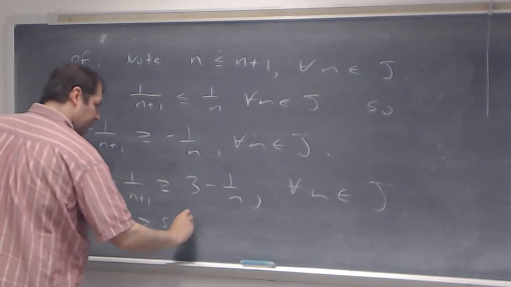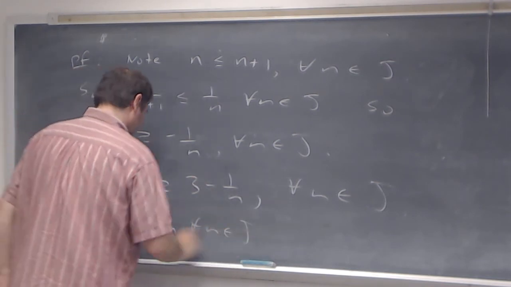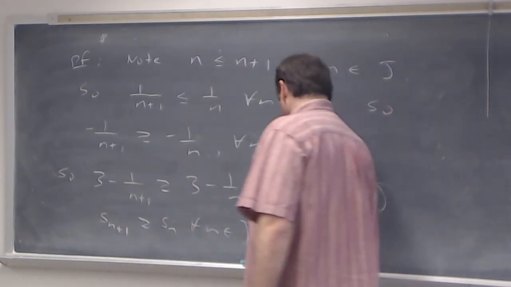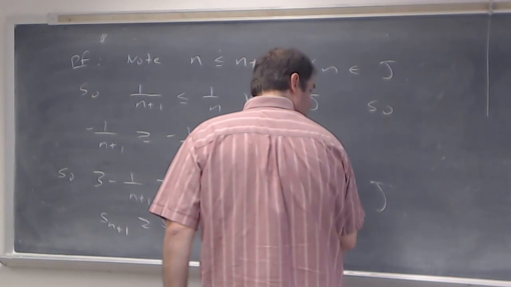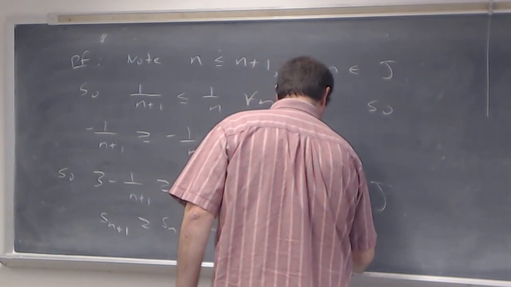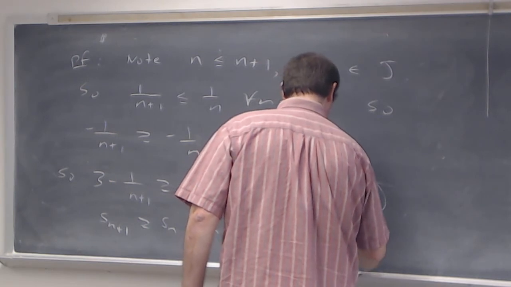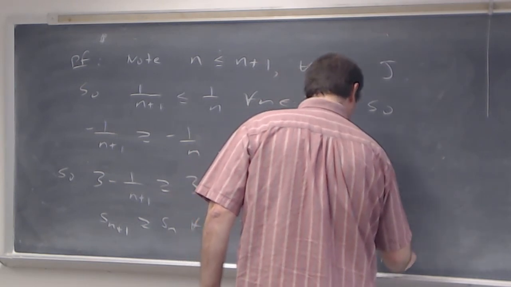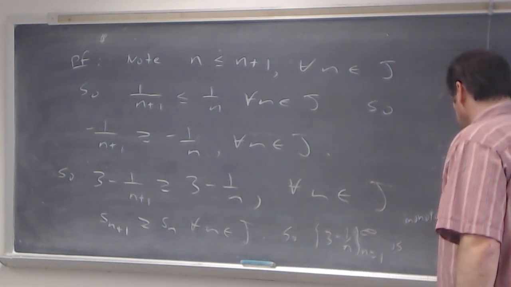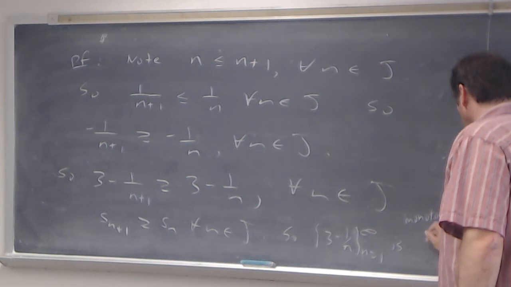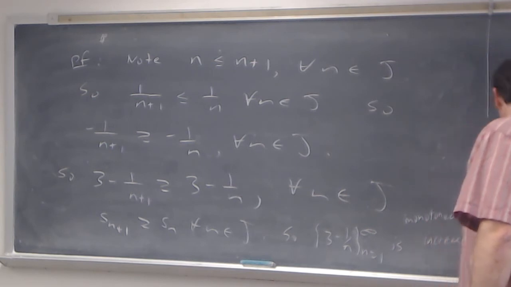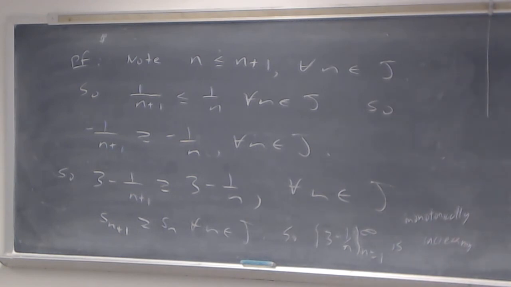So the next term is bigger than the previous one. So the s of n, which was 3 minus 1 over n, is monotonically increasing. Okay, good.